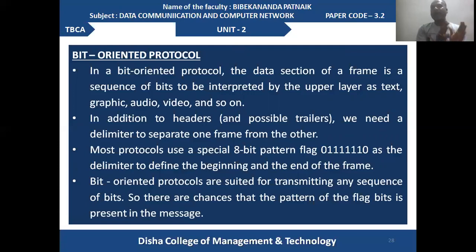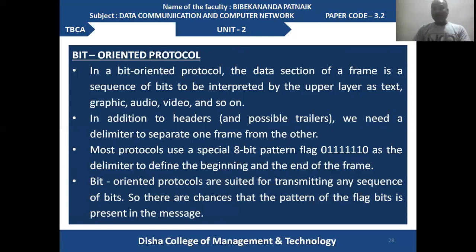So in the bit-oriented protocol, the data section of the frame is a sequence of bits to be interpreted by the upper layer as text, graphics, audio, video, and so on. It means any type of data can be transmitted over the network.